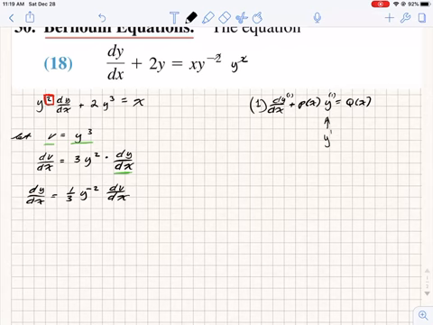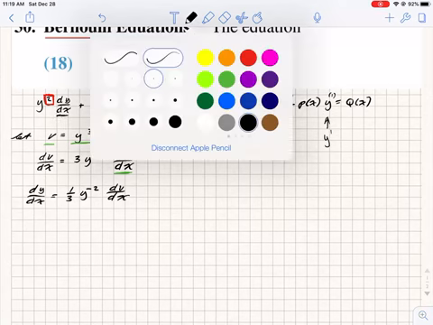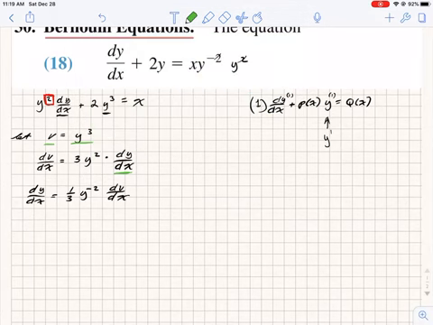Now substituting in dy and y, I'm going to substitute it in green so that you could see it. This is 1/3 y minus 2 dv over dx. And we have this y squared.